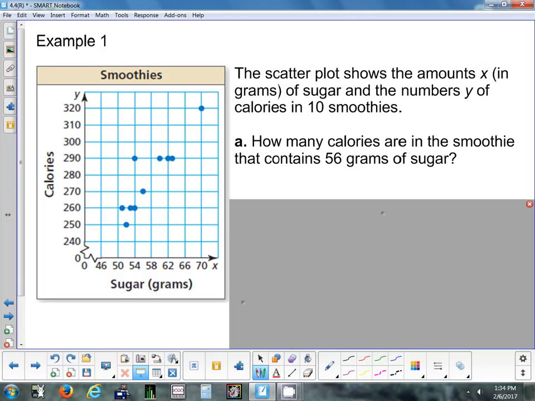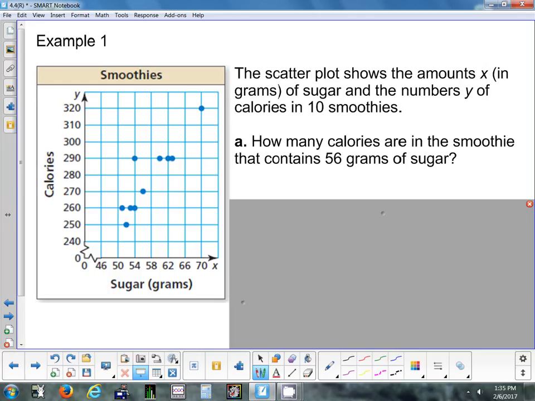Okay, first thing I want to try to figure out, and I think you guys already have the question written down. How many calories are in the smoothie that contains 56 grams of sugar? How many calories are in the smoothie that has exactly 56 grams of sugar?